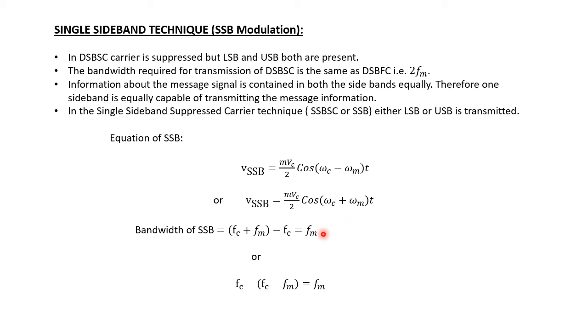Hence, we can say that the bandwidth of single sideband is half of the bandwidth of SSBFC and SSBSC. In both the earlier cases, the bandwidth required was 2 FM. Therefore, the bandwidth needed in the case of SSB modulation is half of the earlier versions.